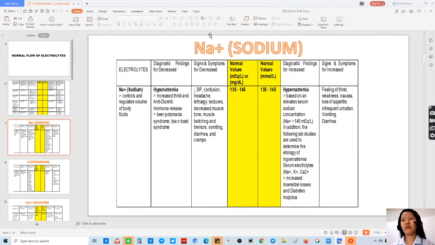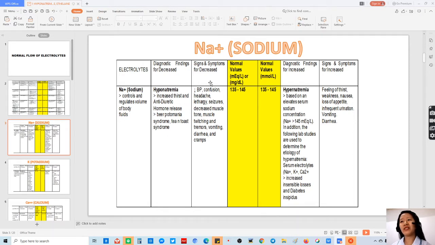So for me, my report is about the sodium. The electrolyte sodium controls and regulates the volume of body fluids. Diagnostic findings for decreased, hyponatremia, means increased thirst and antidiuretic hormone release, such as beer potomania syndrome, tea and toast syndrome, and a lot more.